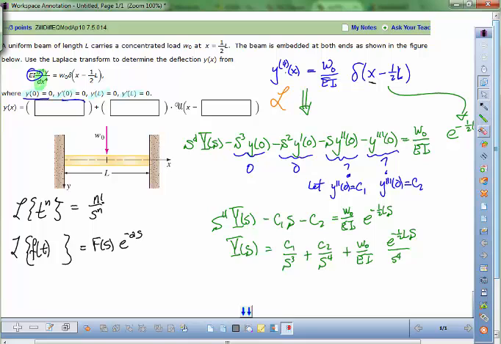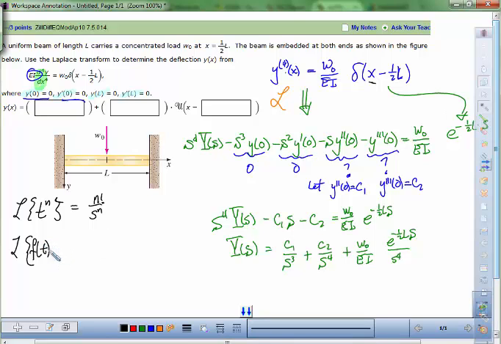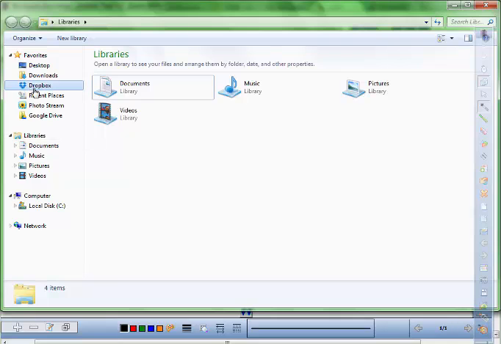Actually, I think we're going to come back. Yeah, we're going to use x. But so, what was it again? What was that formula?